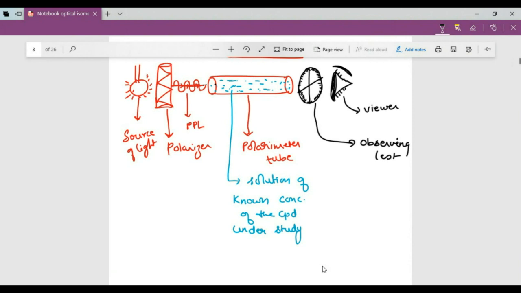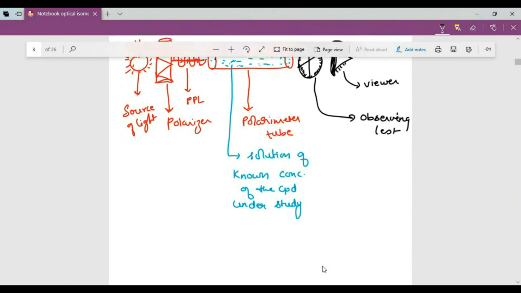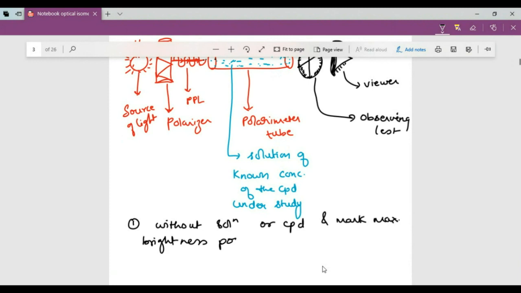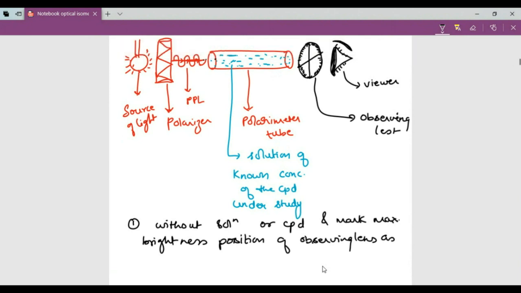We mark that position as the reference scale 0. So first, without the compound, with only pure solvent, we mark the maximum brightness position of the observing lens as 0.